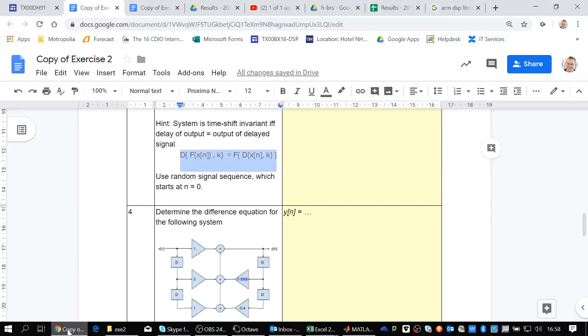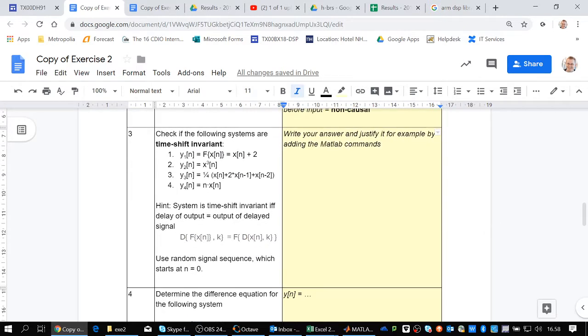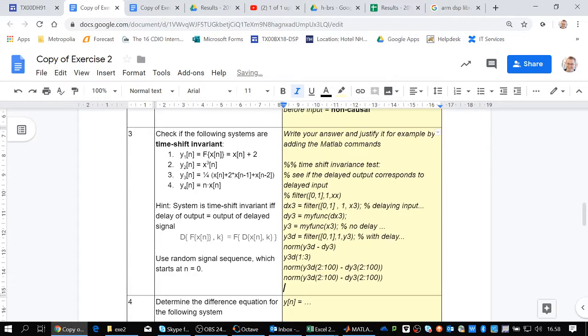Let me copy that one there. So this one was time shift invariant. Because practically this here is 0. Not the original, because basically we added something by delaying the signal ourselves.